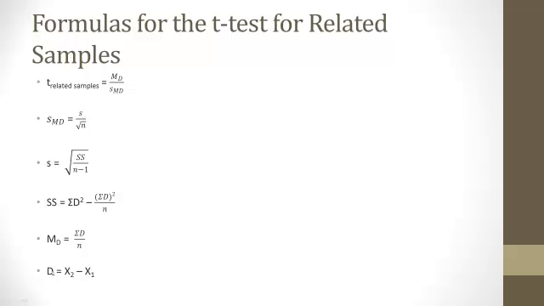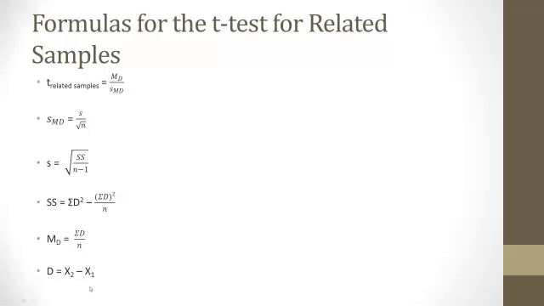And then finally, D, the difference, just represents the difference between x2 minus x1. In the pretest, post-test, or the repeated measures design, those two terms are synonymous with each other. So you'd have the dependent variable for the post-test minus the measure of the dependent variable for the pretest for every single person in that study.